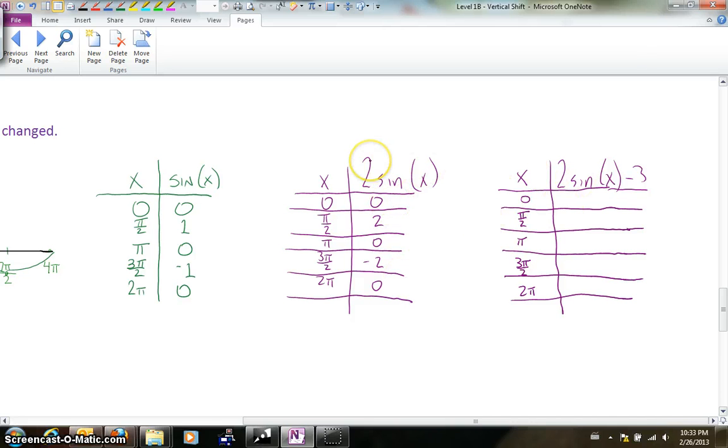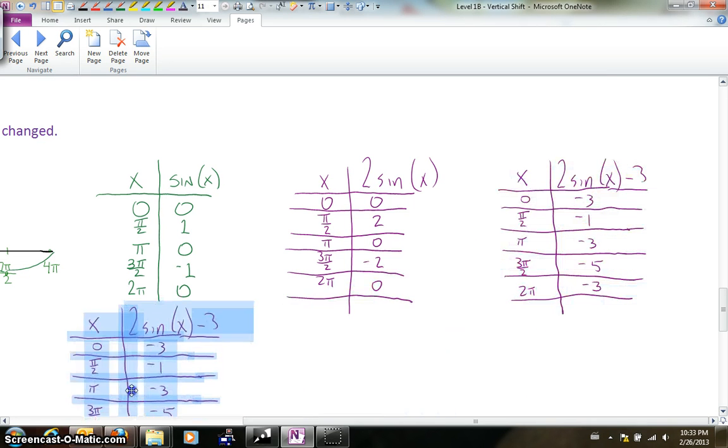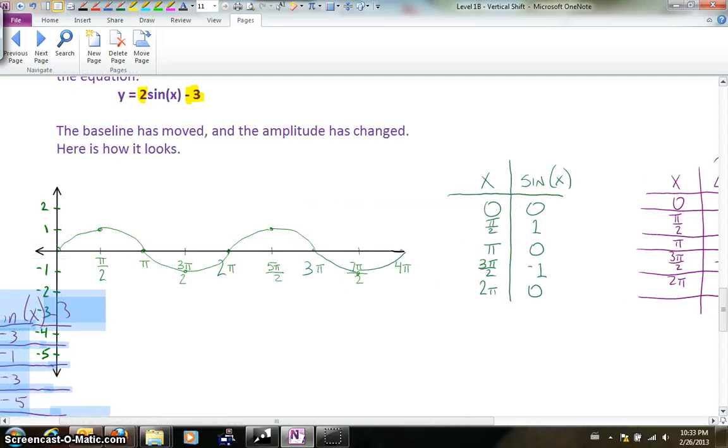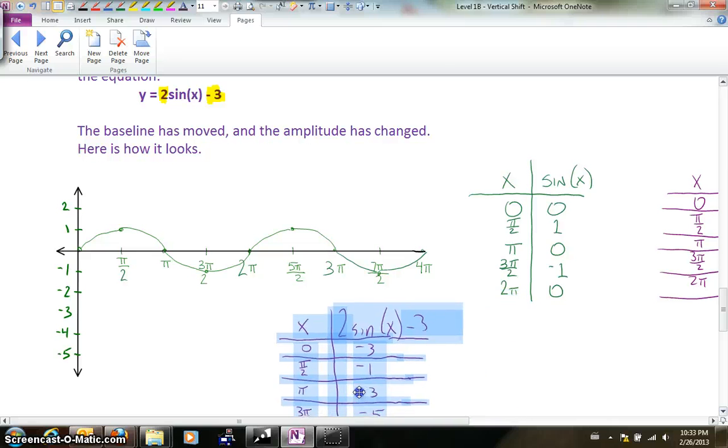That's why I have the step-by-step charts here. So 0, take away 3, will leave me at negative 3. The 2 minus 3 would leave me at negative 1, negative 3, negative 5, and back to negative 3. I know I'm not going to be able to see this, so I'm going to try to bring it over here with me, so we can see what's really happening with our coordinates.